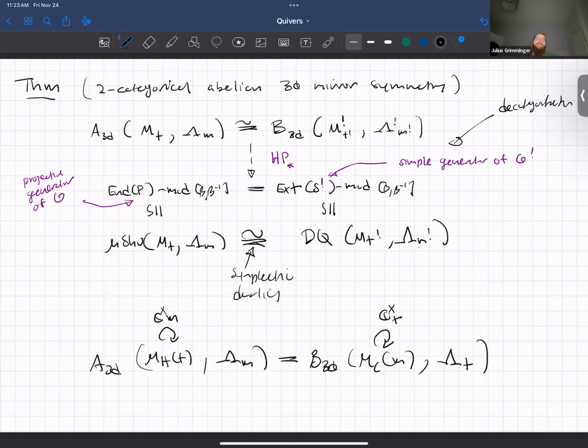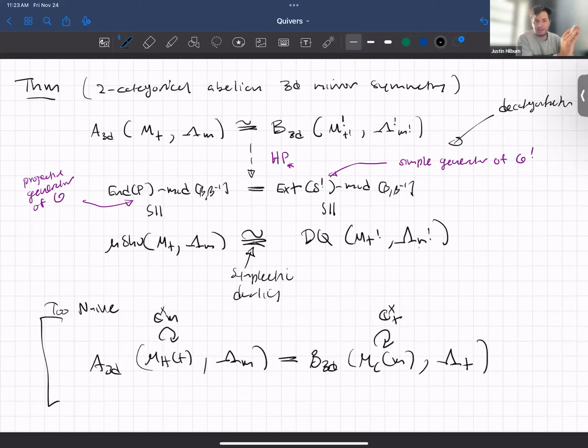Okay. Yes. So maybe I should have. That's right. But let me just say that the thing I learned from doing this in the only example where we can compute is that this statement is actually too naive. The reason is that this A model can detect the GIT quotient.